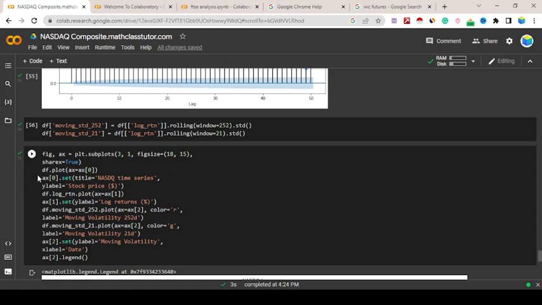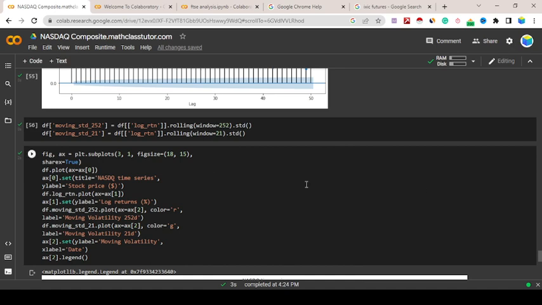So here it looks like the IXIC, this one. I hope it is good and helps to get the return this way. I think it will be better for understanding this price.